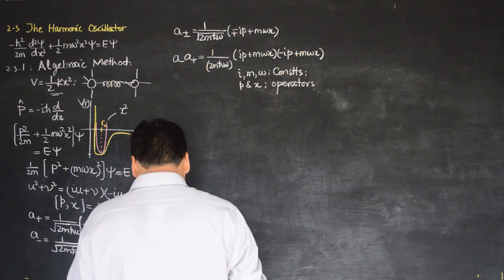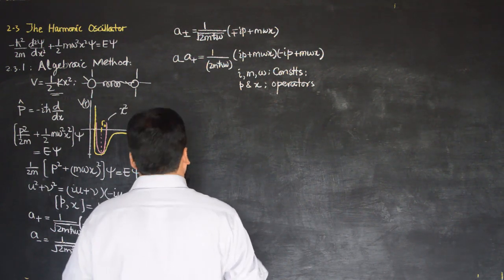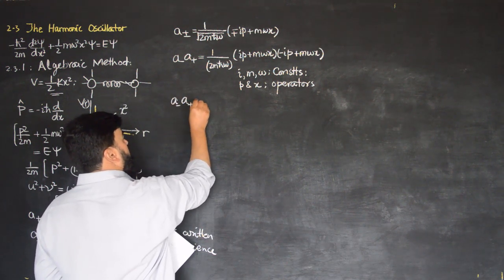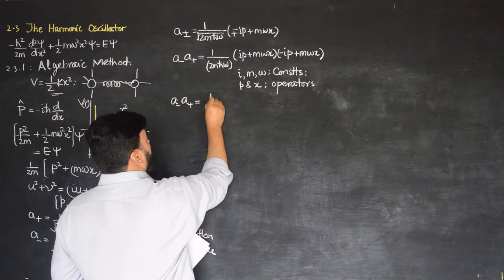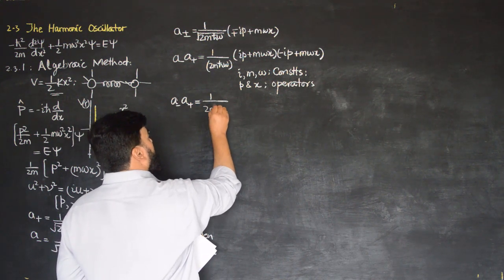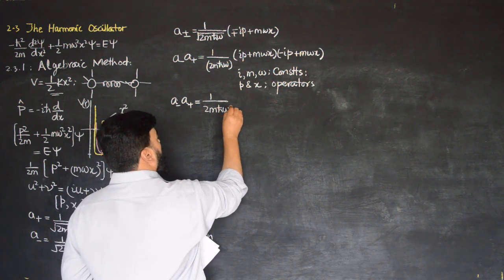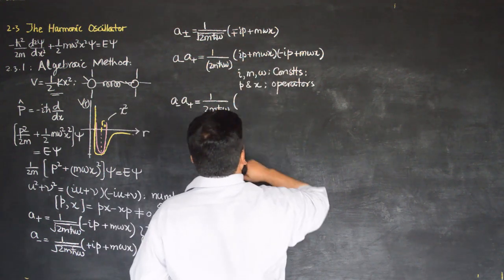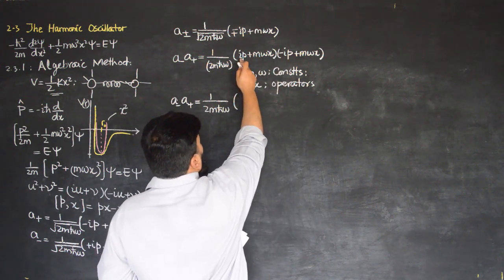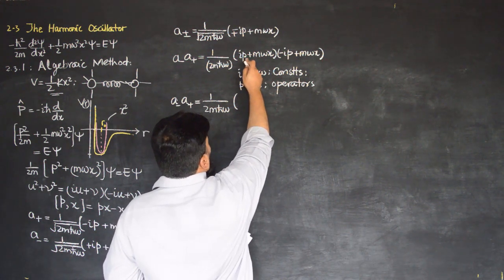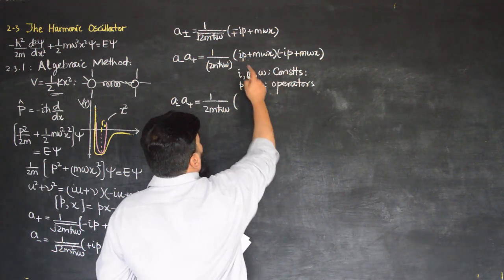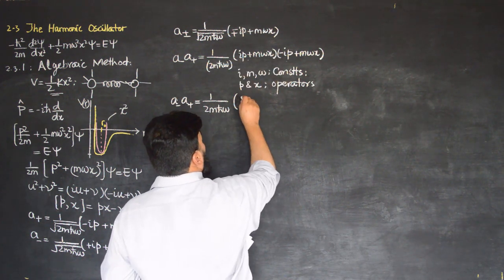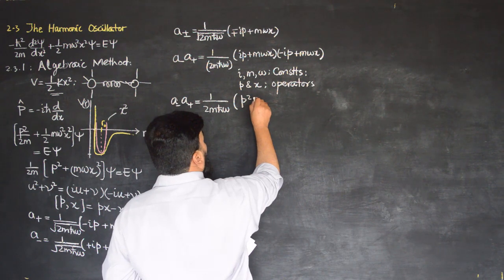So a minus a plus will be equal to 1 over 2m h bar omega, and here the very first, these two will multiply, and we will have ip multiplied with minus ip, so minus i squared, again minus, so we will have plus p squared.